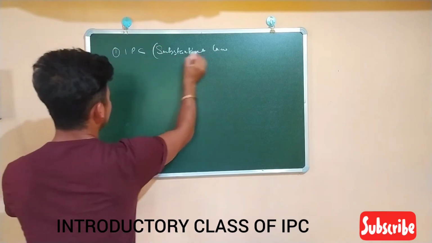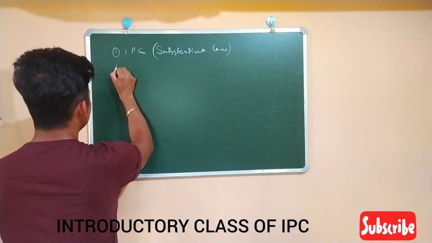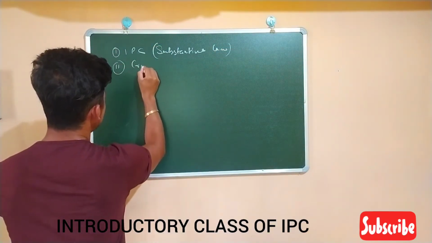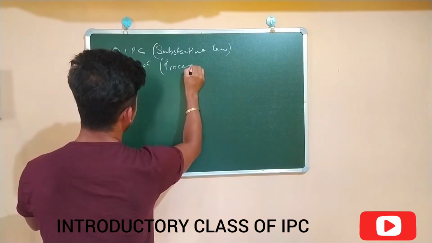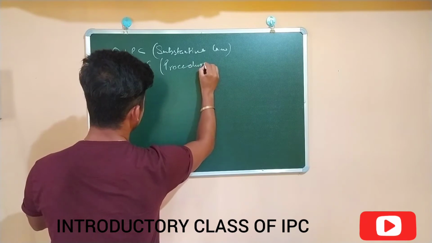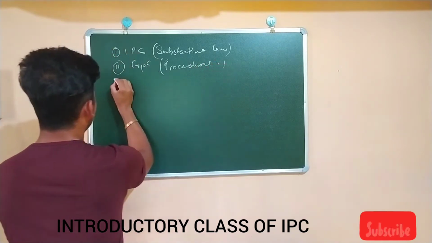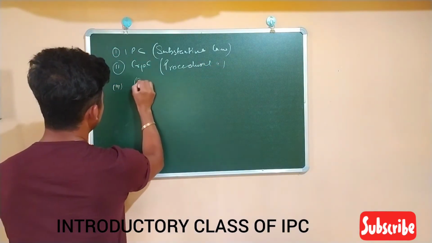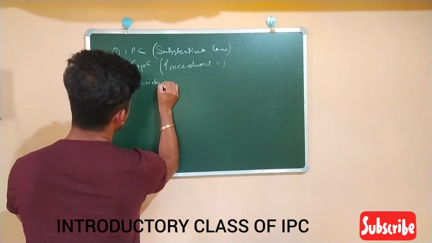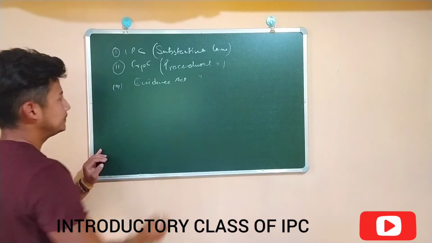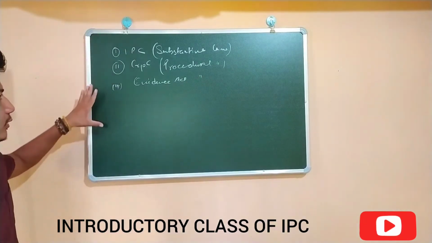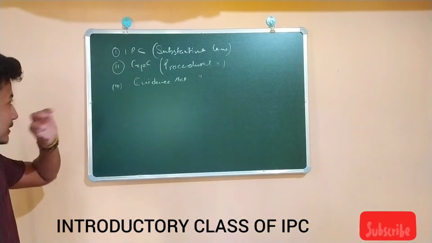And we have the CRPC, which is a procedural law. And we have the Evidence Act, which is also a procedural law, okay? So there are a total of 3 laws of crimes we have in India, generally.